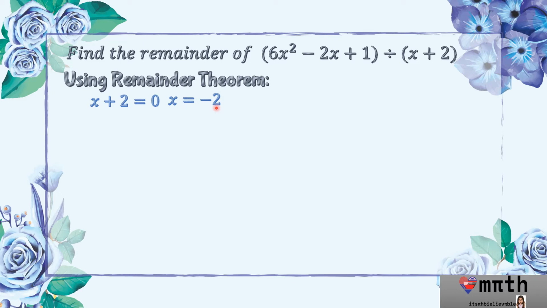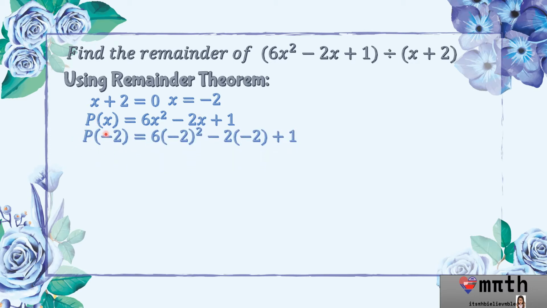Then, since we have the value of x, we can substitute it into our dividend, which is 6x squared minus 2x plus 1, and the x here will be replaced by negative 2. So that will be p of negative 2 equal to 6 times negative 2 raised to 2, minus 2 times negative 2, plus 1.